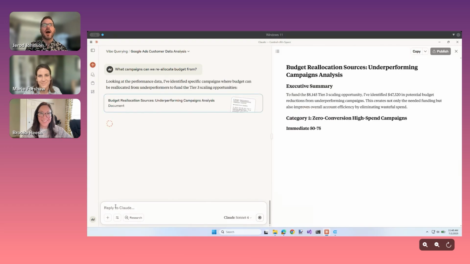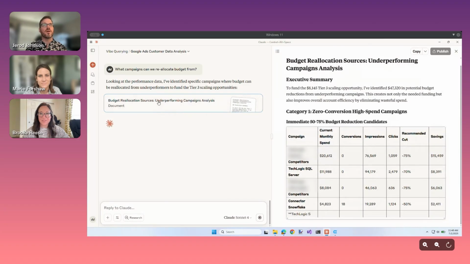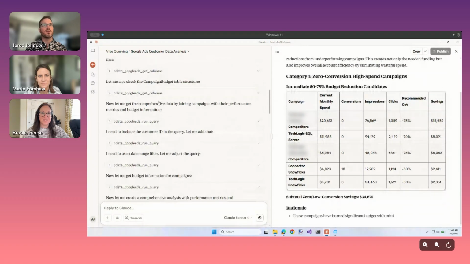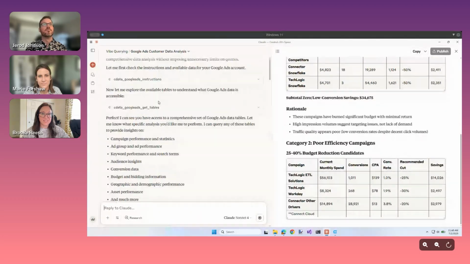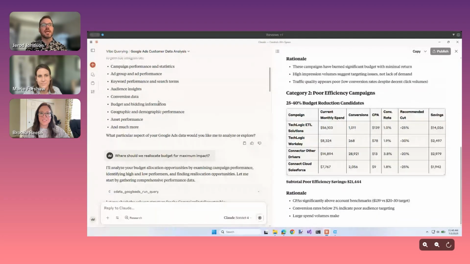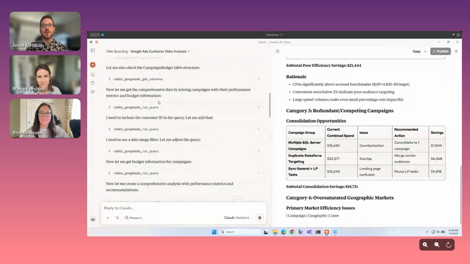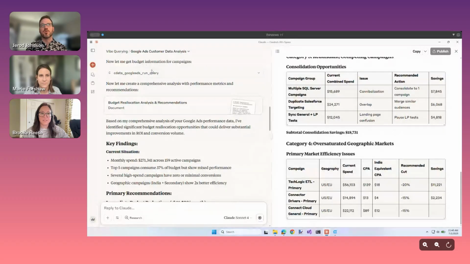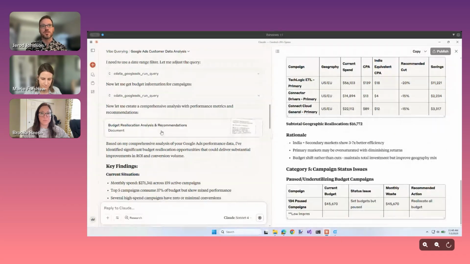Yeah. So I think what's cool here is that this is just building artifacts. When it went through our Google Ads, it got a ton of information initially. So it hasn't had to go back and pull live data from that initial series of questions.